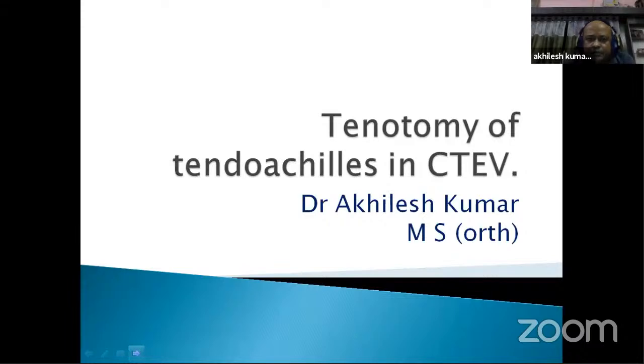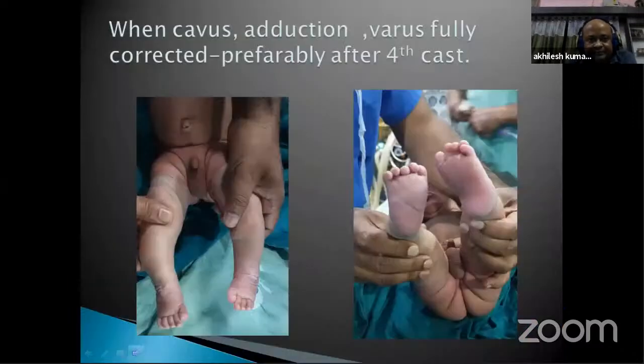So my topic is tenotomy of the tendo Achilles in the CTEV. As the earlier speaker has elaborately described everything, this is also one of the most important parts of the Ponseti technique. The ideal time for the tenotomy is when the cavus, abduction and varus are fully corrected, preferably after the fourth cast.